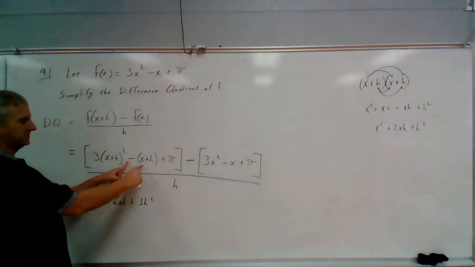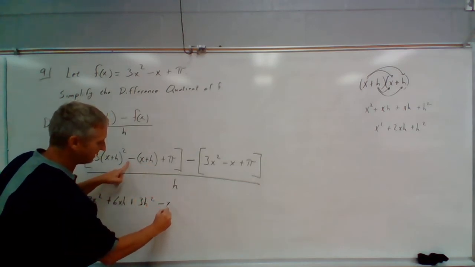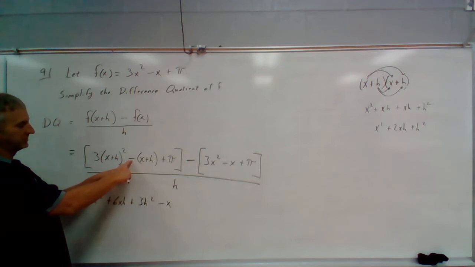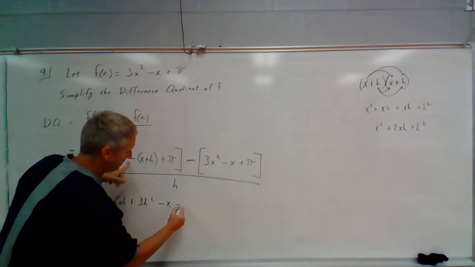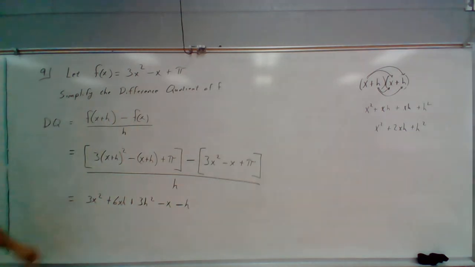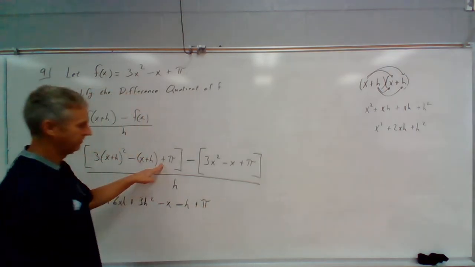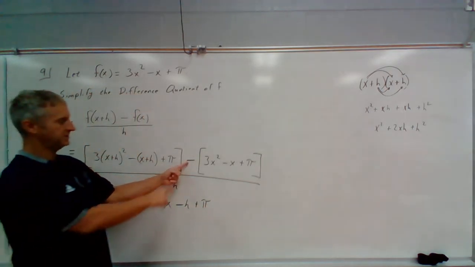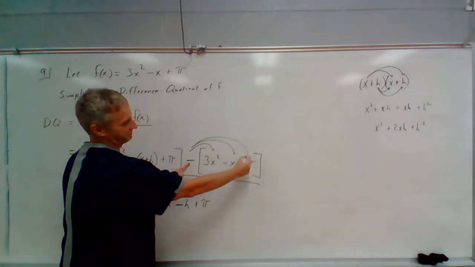Minus, in parentheses, all of this. So it'll be minus x, and then extremely important, it's got to be minus x and minus h. Got to have that minus h right there. Plus pi. This minus has to be distributed to all of these terms. It's got to go with all of them.